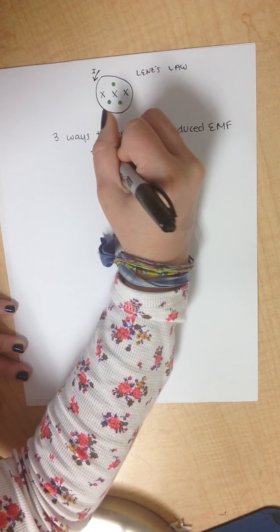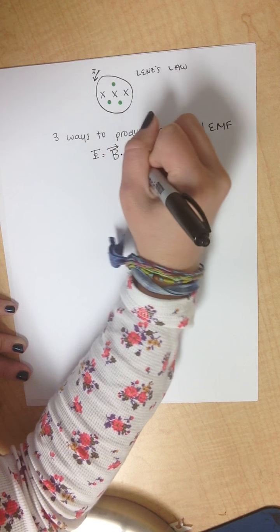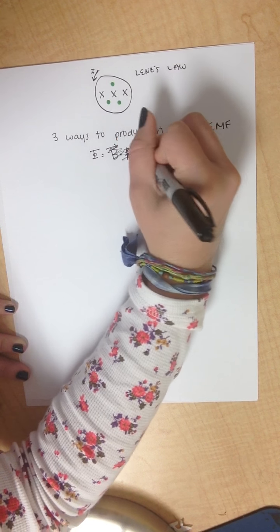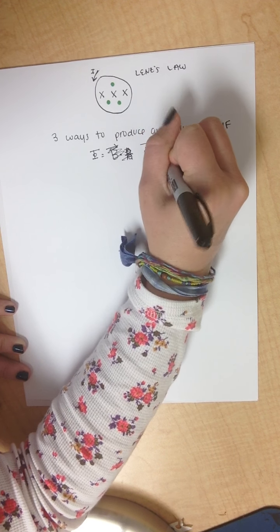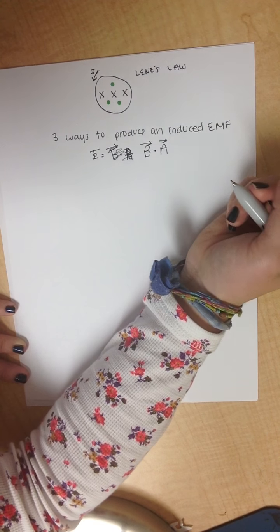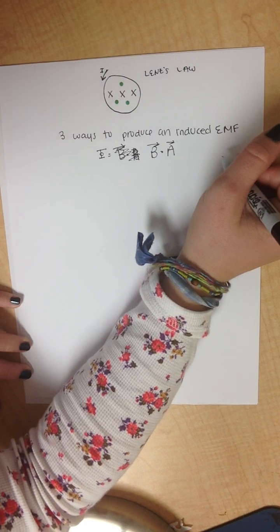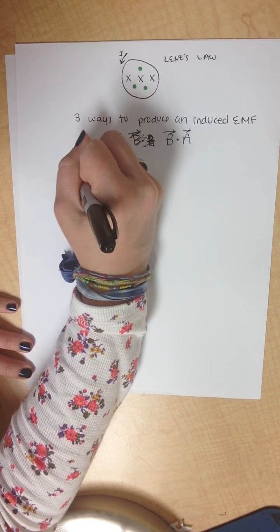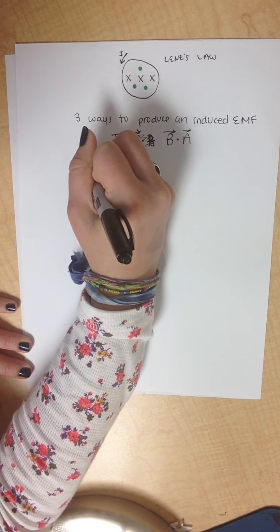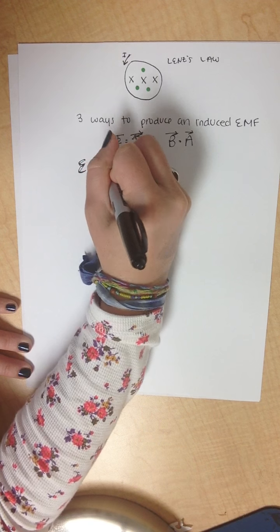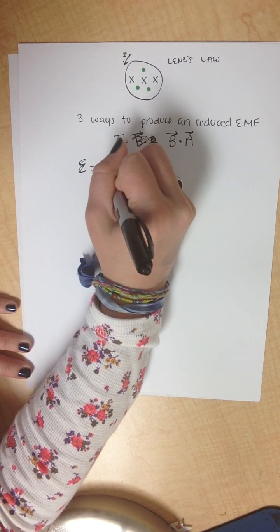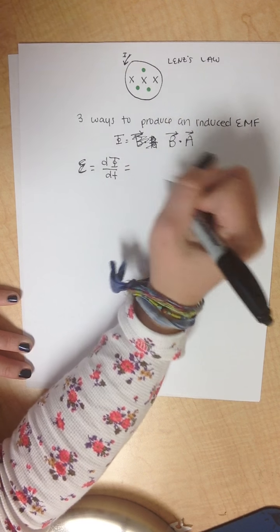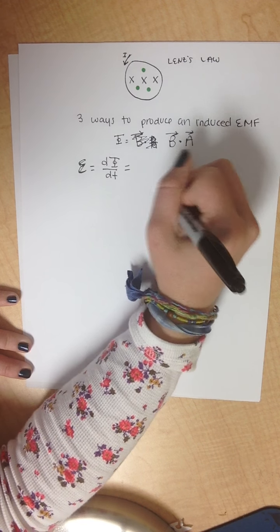This is equal to B, or the magnetic field, dotted with A, which is just the area. So Faraday talks about an EMF, this squiggly E, equaling the change in magnetic flux over the change in time, and the three ways that this can happen.